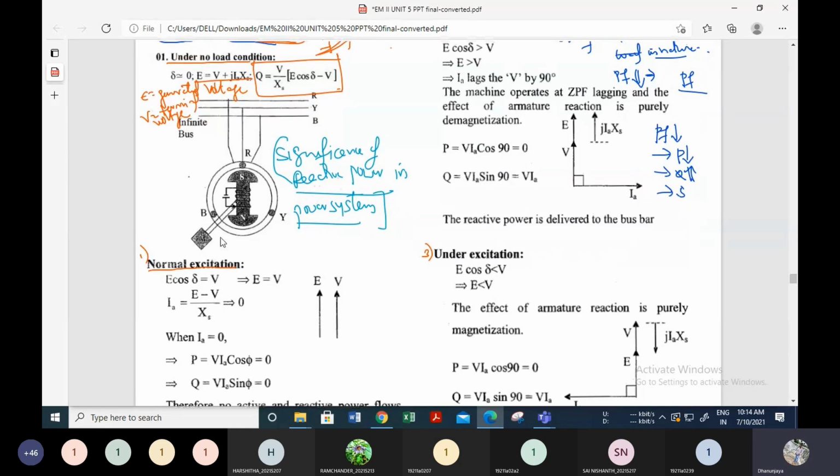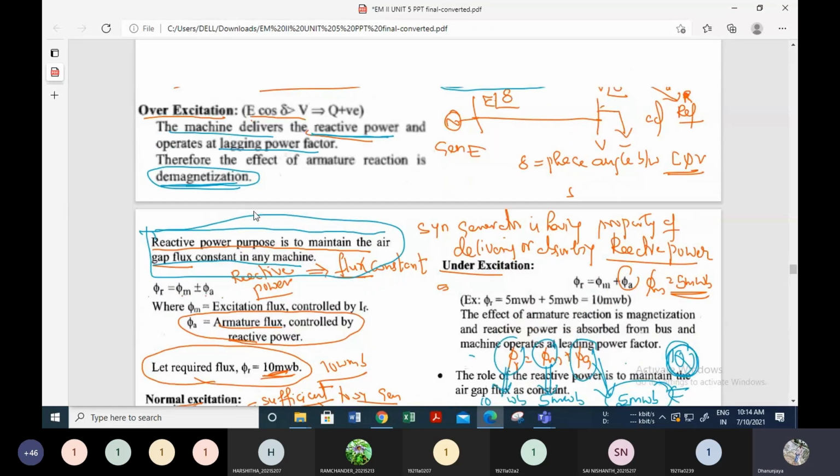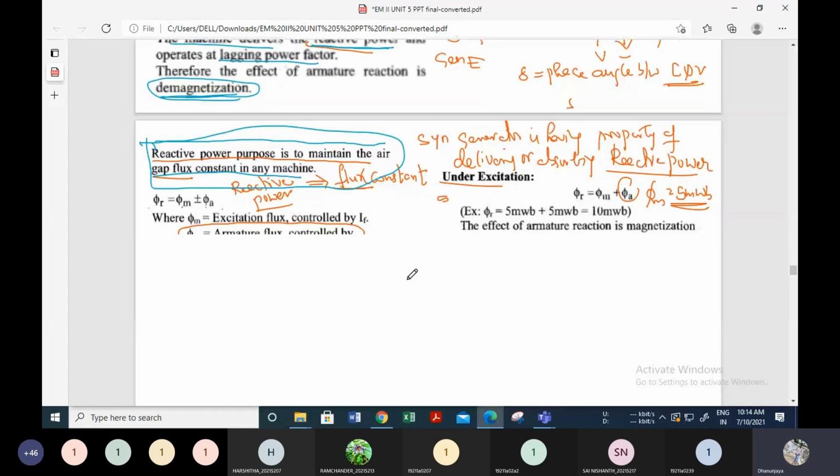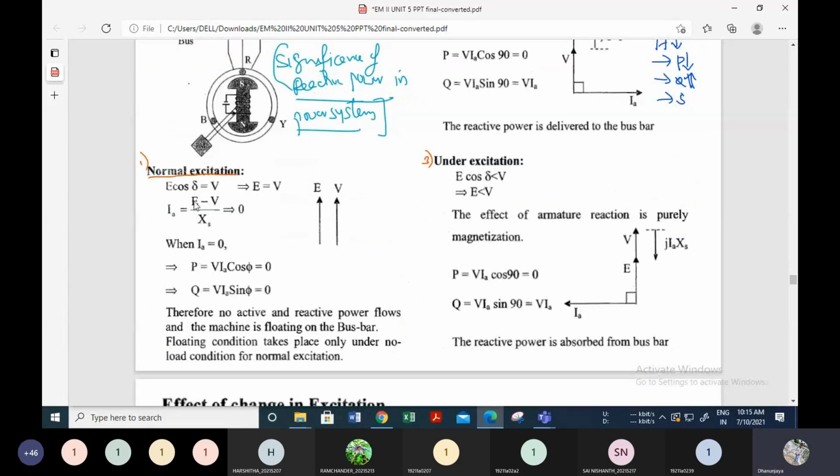E cos delta is equal to V. Cos 0 equal to 1, and I'm assuming that the delta value is approximately equal to 0, so E is almost equal to V here.